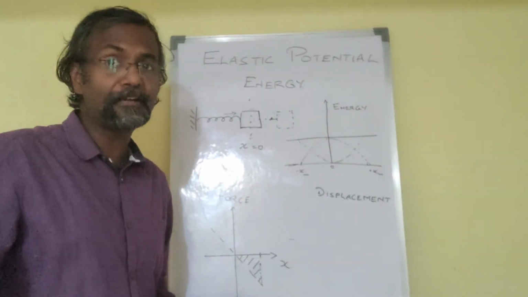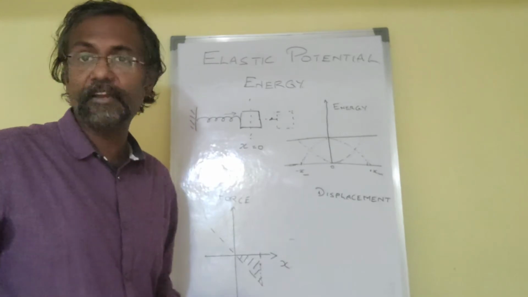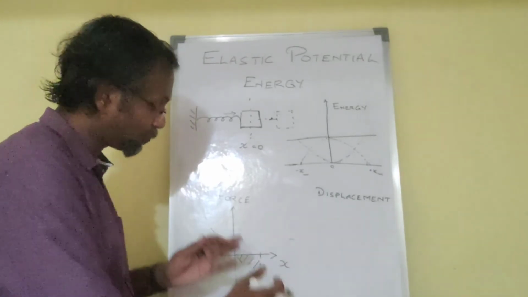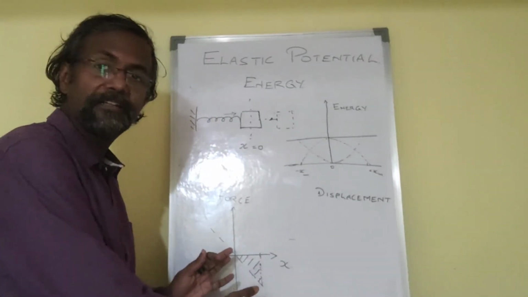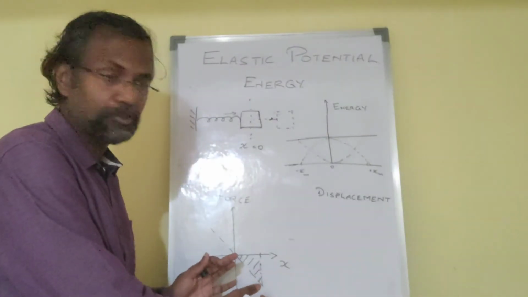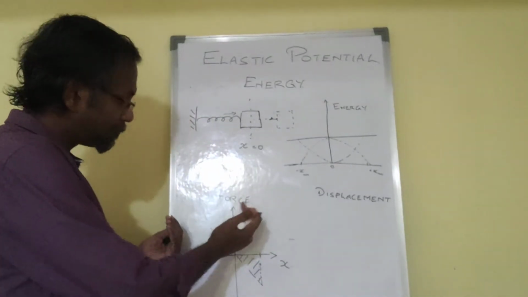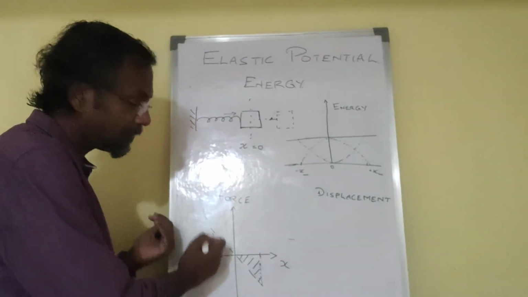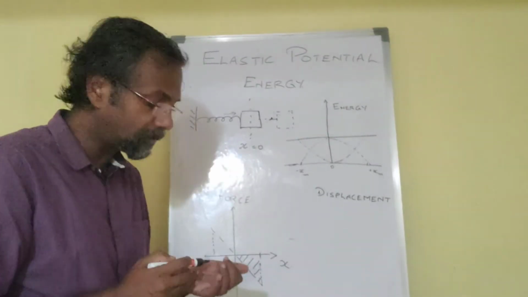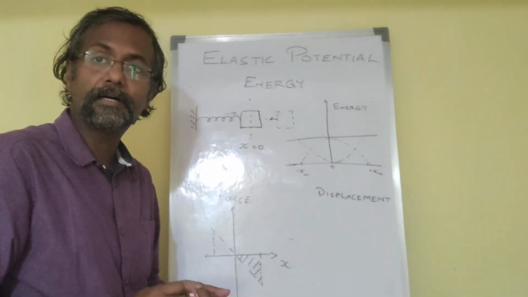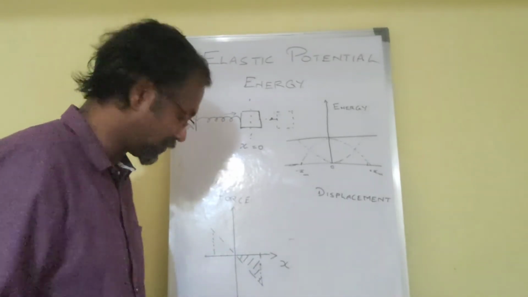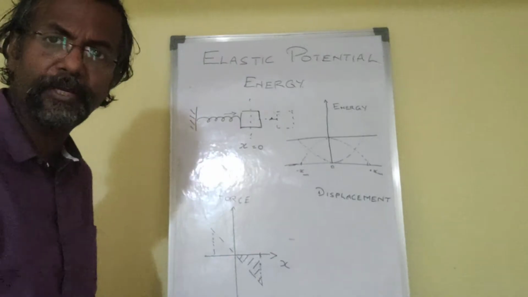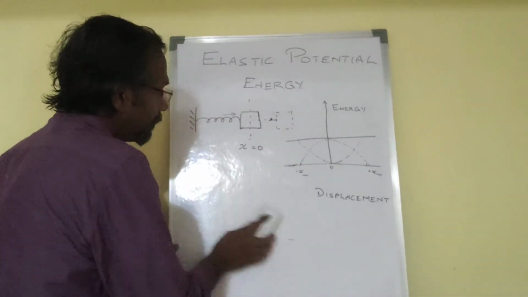We've already derived it using the work integral F dot dx, and even graphically you find that the answer is half kx squared. Similarly, if you pull the displacement in the opposite direction, the idea remains the same. The area under the graph will give you the elastic potential energy. Okay, so that's the first idea I wanted to discuss.